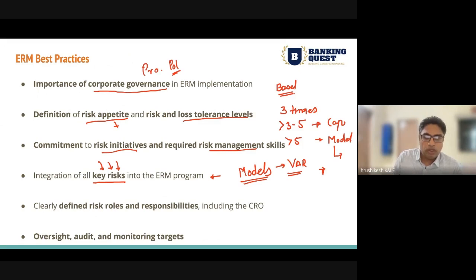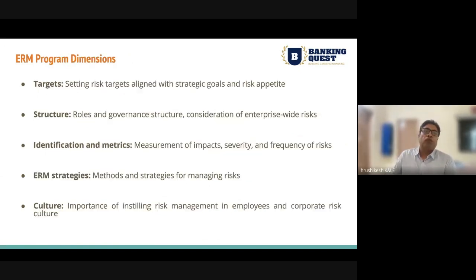Clearly defined role and responsibility of the CRO and other people working in the risk management field. You should do audit. There should be monitoring, target and an oversight committee for ERM. So basically, what are the various dimensions, from what angle we should look at ERM? First of all, target should be set.